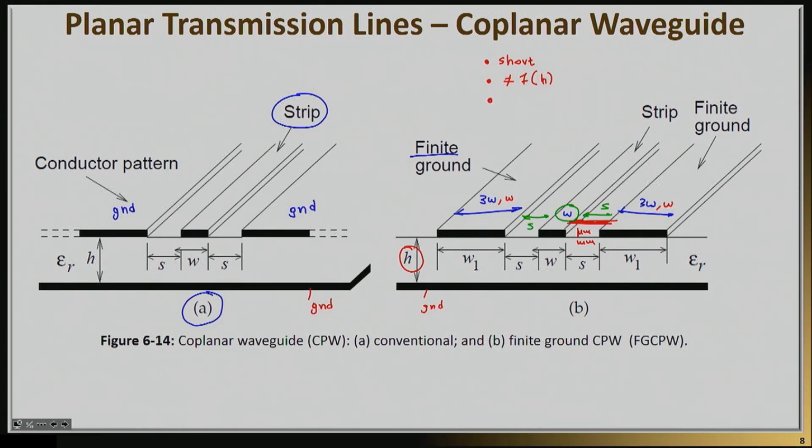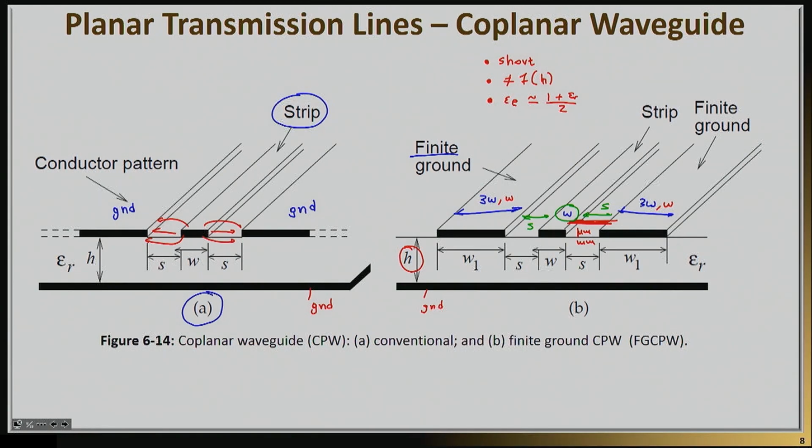A few more advantages are a little bit harder to see. One is that your effective dielectric constant here is almost exactly the average of the one in air and the substrate. The reason for that becomes evident if you actually see the electric field in the CPW line. It turns out that almost half of the field lines are in air, and almost half of the field lines are in the substrate.